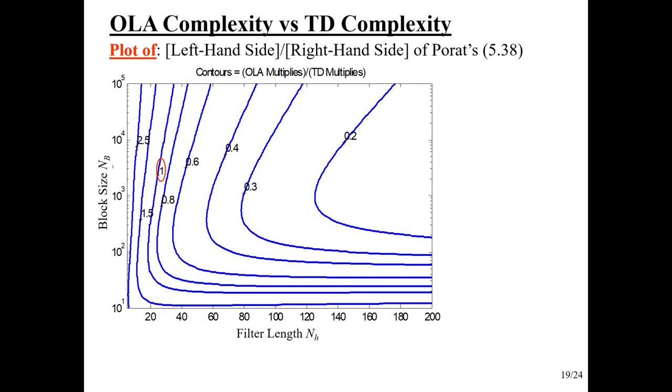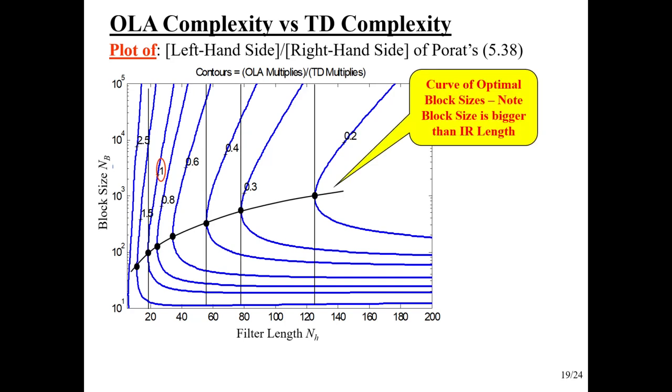We look at this plot and we say, for a given filter length, where is it going to be most efficient? So let's just say we start here. I don't know what that is, like 124 or something like that. So let's say that I have a 124 point FIR filter to implement. So I draw a vertical line at that value of NH. Those are all my possible operating points.